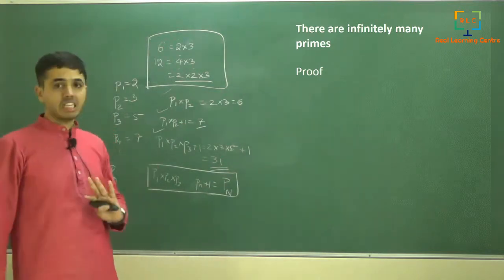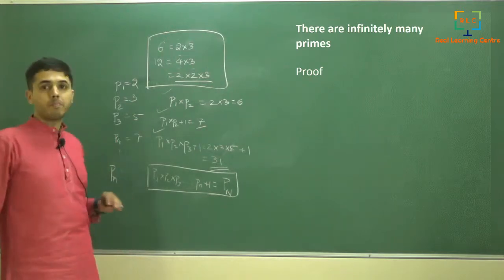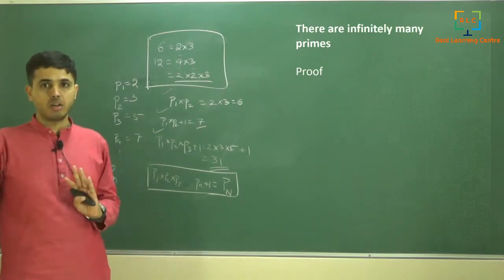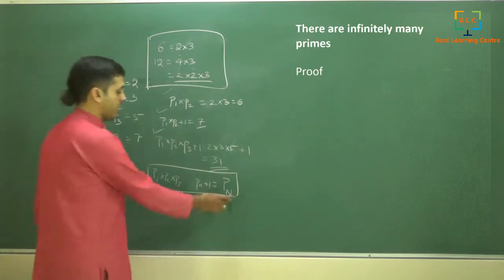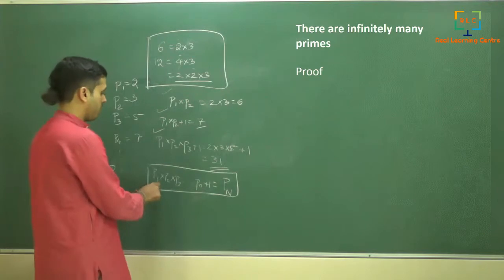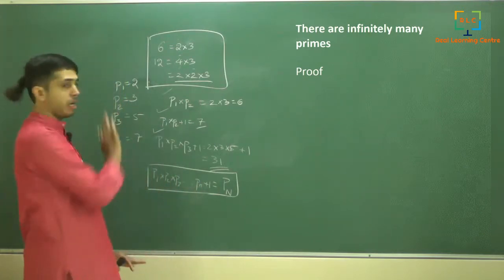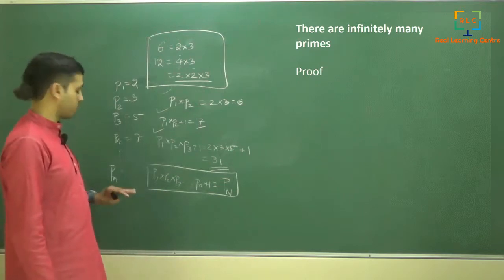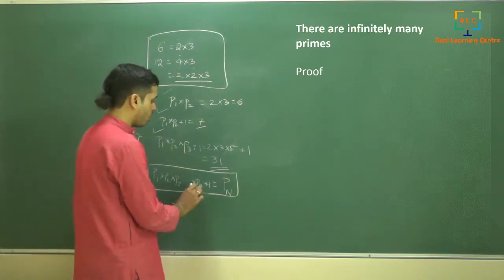So now the task is, can we get one more prime number which is bigger than Pn? That is the task. How can we do it? We have taken this number as P1 into P2 into P3, the product of all the prime numbers I know, including the biggest prime number, and I added 1 to it.